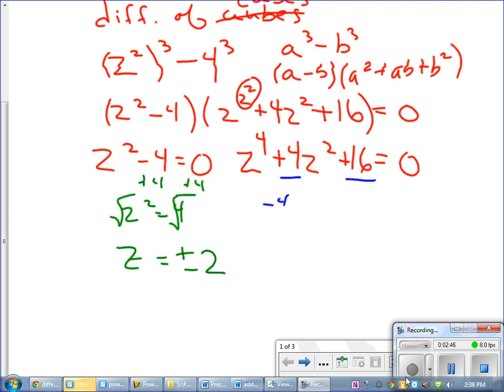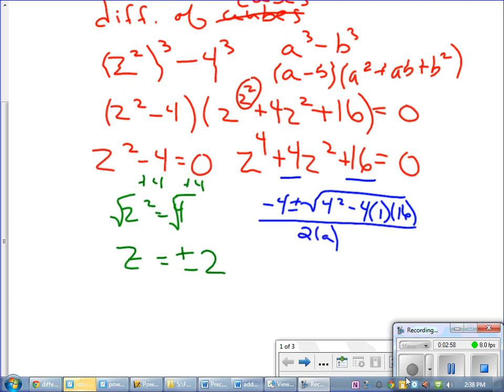So I'm going to do opposite b plus or minus the square root of b squared minus 4ac all over 2a. And this is solving for z squared. So opposite 4 plus or minus 4 squared, minus 4 times 1 times 16.